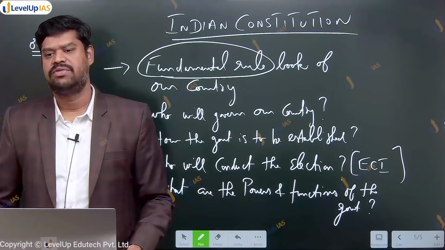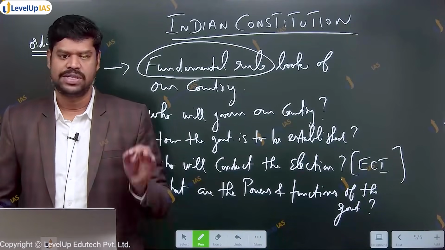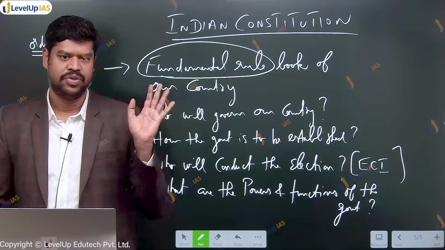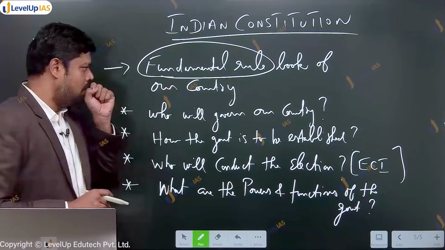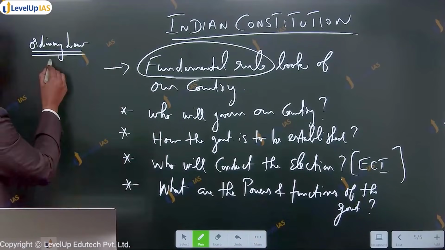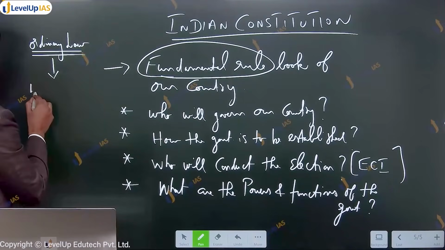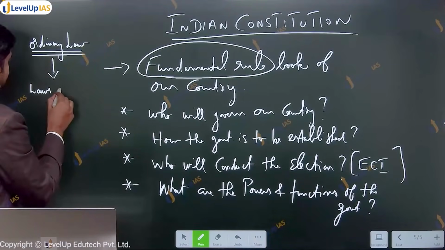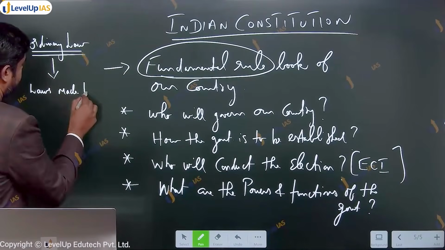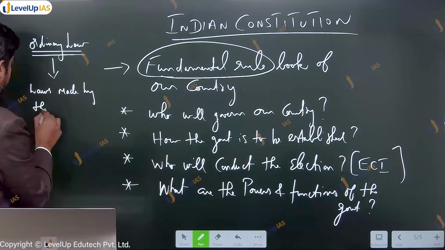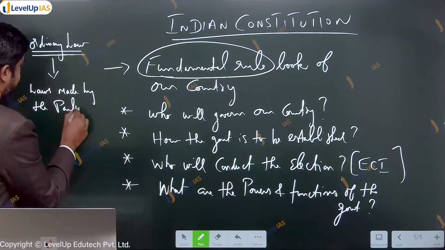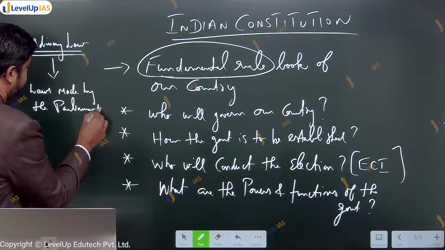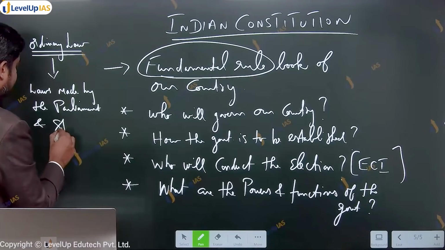Not necessarily does every state have a Legislative Council, but what is mandatory is the Legislative Assembly. Now try to understand, when I talk of ordinary laws, these are nothing but laws made by the parliament and state legislature.